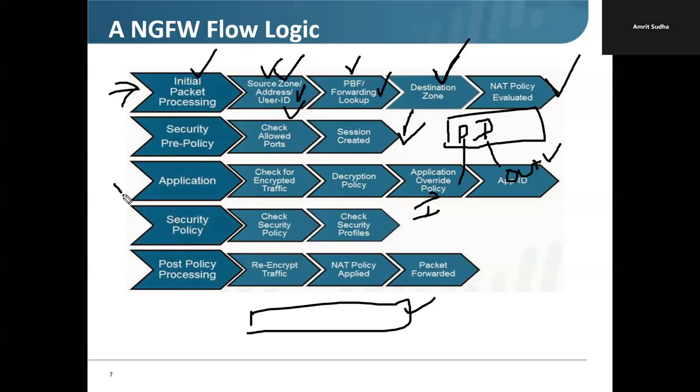After that, it will go to the application layer. So what happens at the application layer? It will check whether the traffic is encrypted or not. Okay, decryption policy. Of course, if the packet is encrypted, then it should be decrypted also. And then the application override policy, and then application ID.